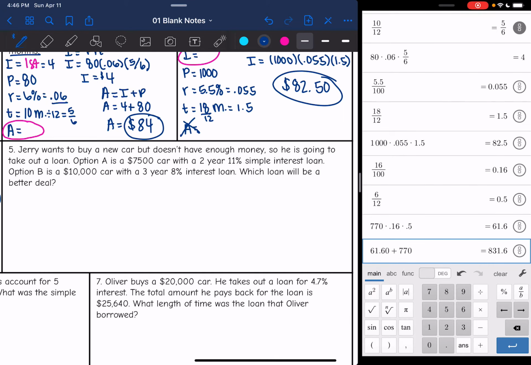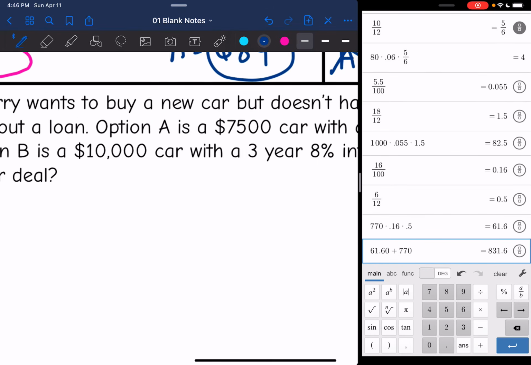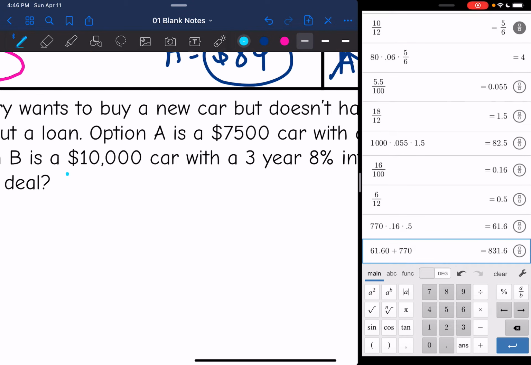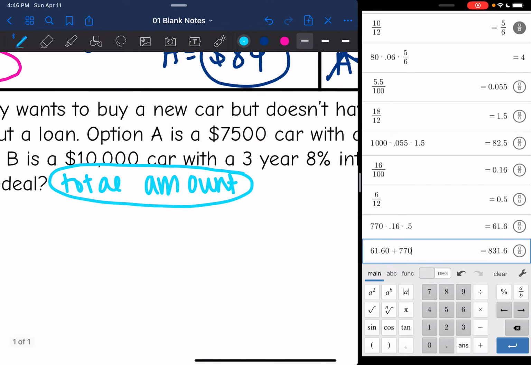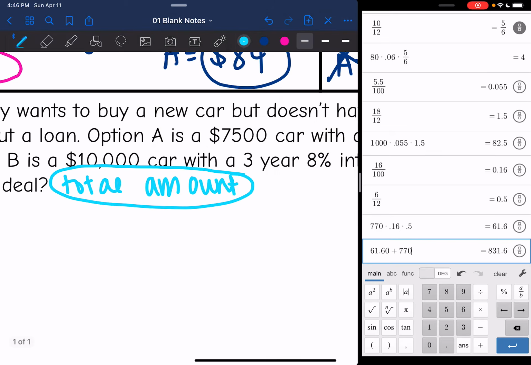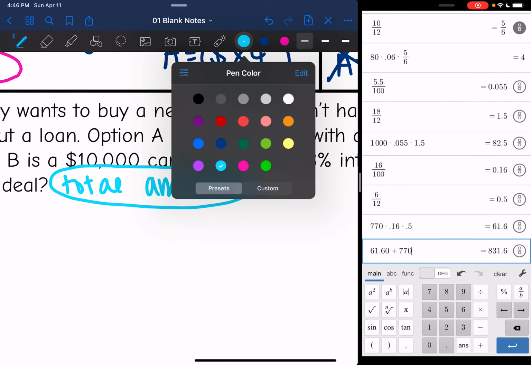So we need to look at the total amount on both of these loans, because he's going to have to pay back the principal plus the interest that they're going to charge him for the money being borrowed. So let's find the total amount of both of them.